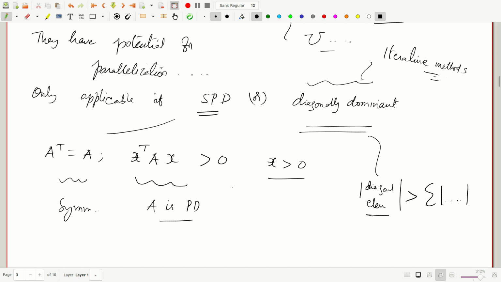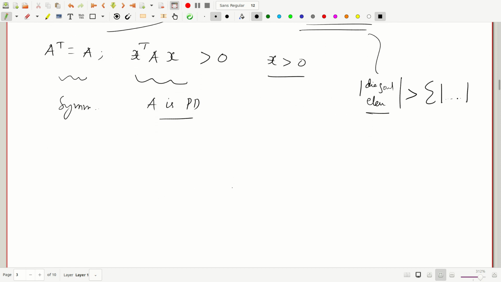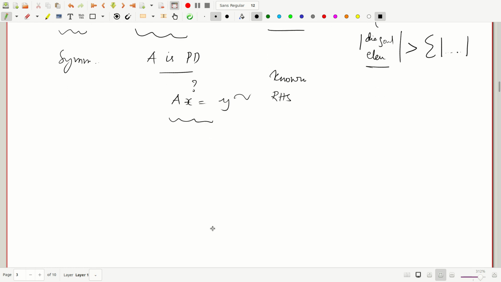Okay. So again, we work with a banded matrix, and let's say the system is in this form. You have Ax equal to y, where y is a known right hand side and x is the unknown, and then this is the matrix. And the structure of this matrix is again similar to what we had before.